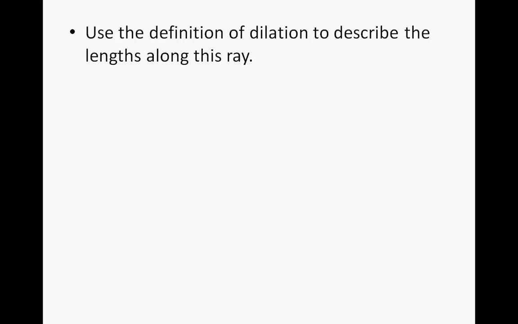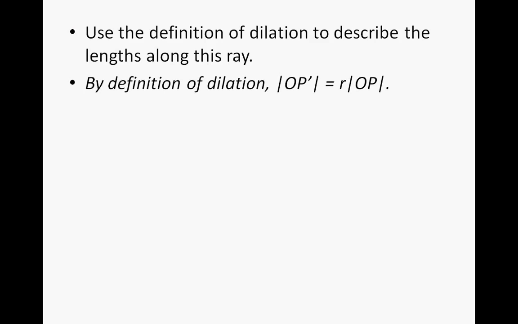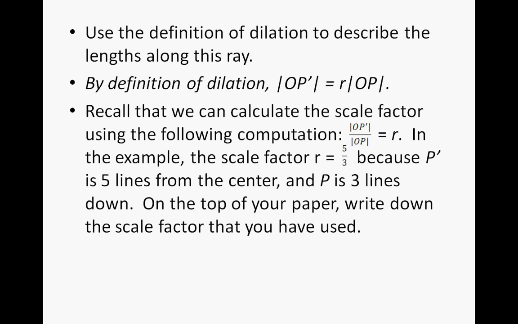Use the definition of dilation to describe the lengths along this ray. By definition of dilation, the length of OP prime is equal to the length of OP times a scale factor. Recall that we can calculate the scale factor as the length of OP prime divided by the length of OP equals R, the scale factor.